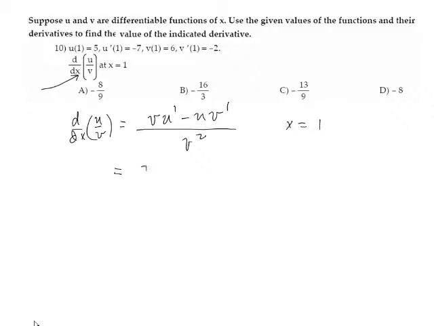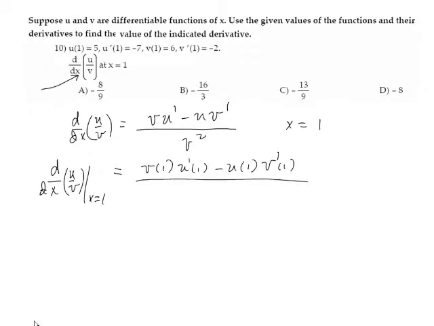So this would be v at 1 times u prime at 1, for completeness I'll write this, v at 1 times u prime at 1 minus u at 1 times v prime at 1 divided by v at 1 squared.